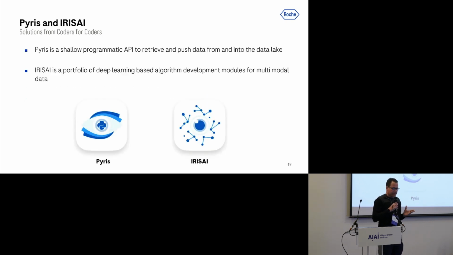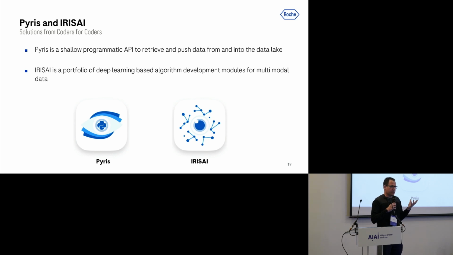So we offer our customers two advanced user open source products. Pyris, which is a shallow-level Python API library that allows a user to connect to our platform and interact with the data on our Iris framework. You can use it to push and pull images, to post annotations on an image, or to upload or download analysis results for a specific image asset.